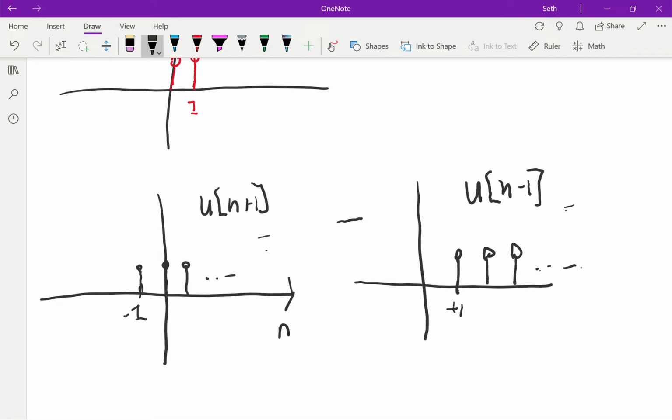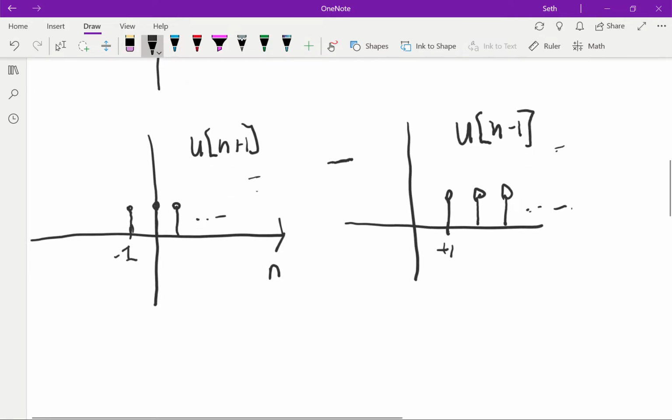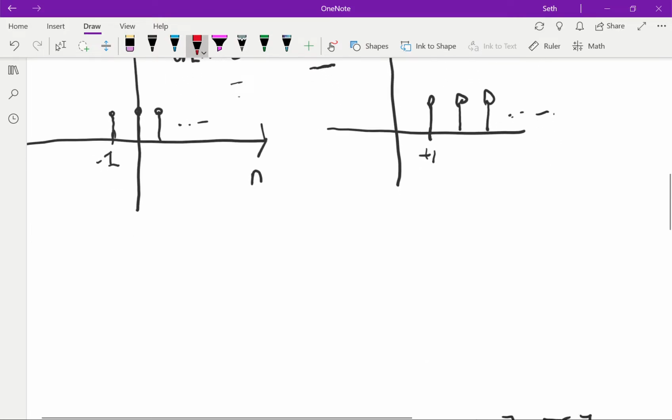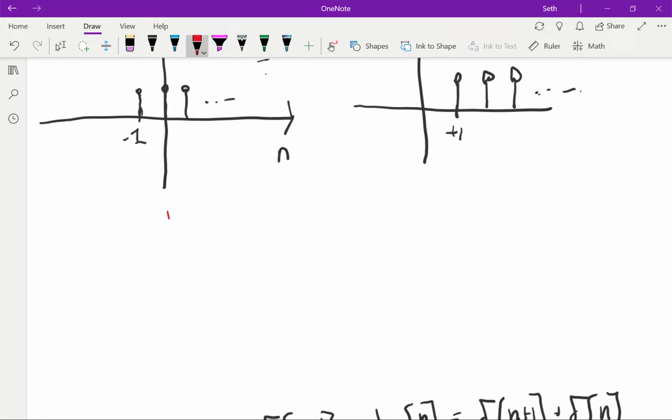If we take the difference of these two, we are going to get a graph that looks like this.